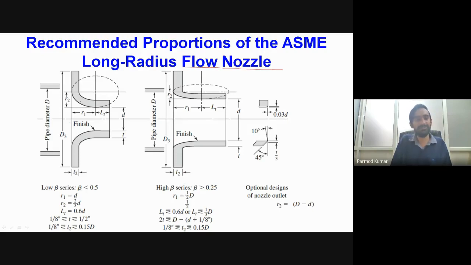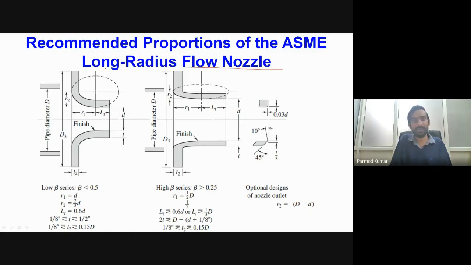If D is the pipe diameter, capital D, you can see that the different parameters of the nozzle are defined in proportion to D, our pipe diameter.